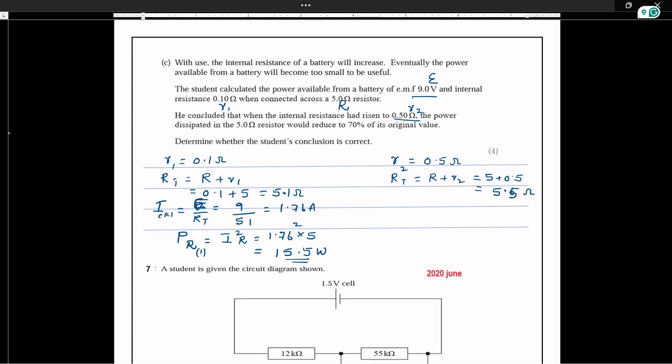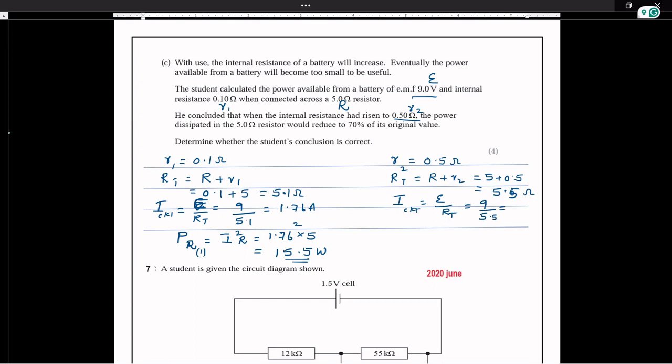Then we calculate the corresponding circuit current, which is E over R total, which is 9 over 5.5.